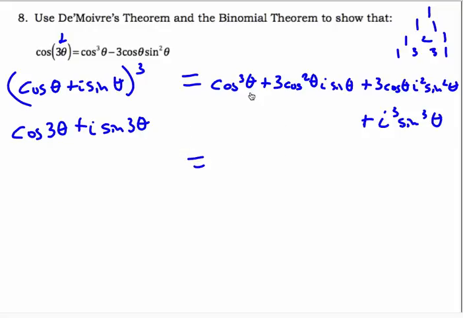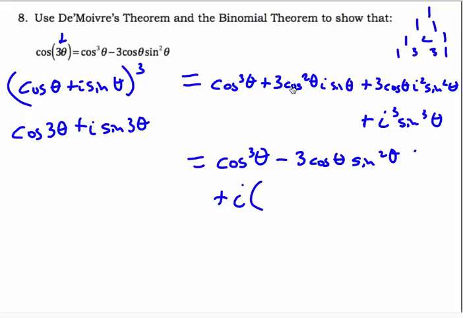Okay, so now let's look at the real parts here. Cosine cubed theta is real. This one is not going to be real. This one's going to be real because i squared is negative 1. So we're going to have negative 3 cosine theta sine squared theta, plus i times 3 cosine squared theta sine theta, and this is going to be minus i, right?